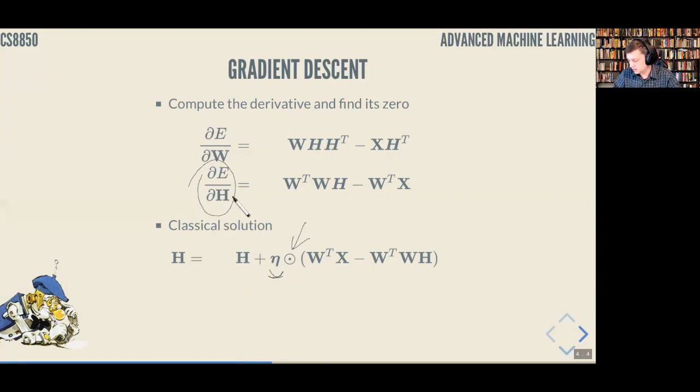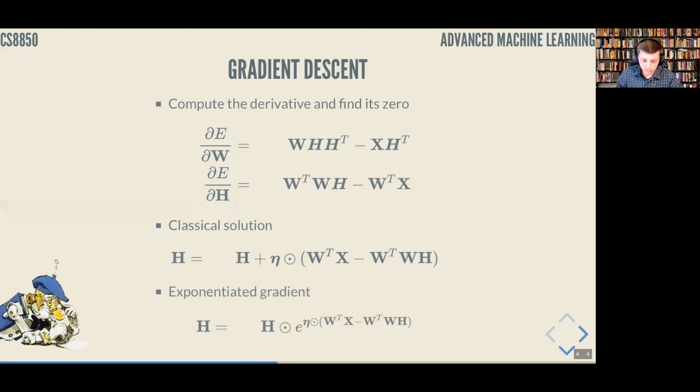I'm just doing gradient descent for H here, and I want the learning rate to be different for each of the parameters, for each of the elements in H. I'm kind of optimizing them in parallel. That's why this element-wise Hadamard product.